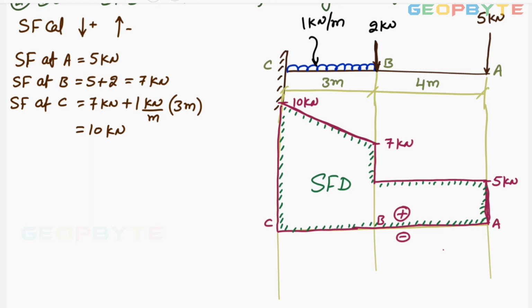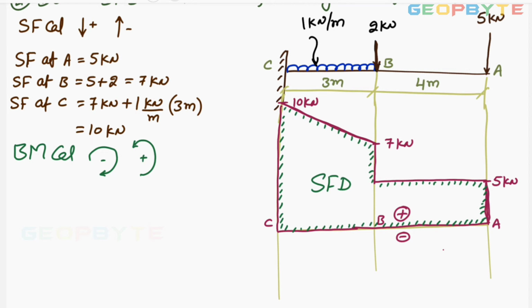Now come to the BM calculations. Bending moment calculations. So for bending moment, generally clockwise moments should be taken negative, anti-clockwise moments should be taken positive.